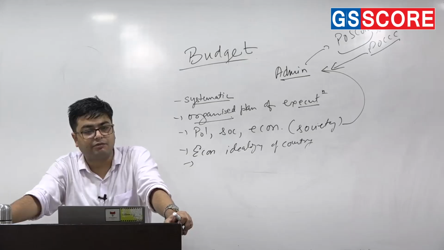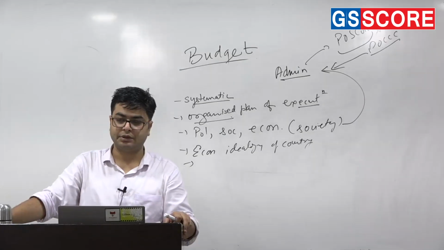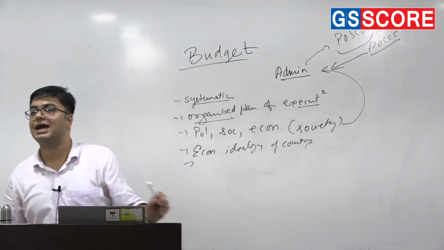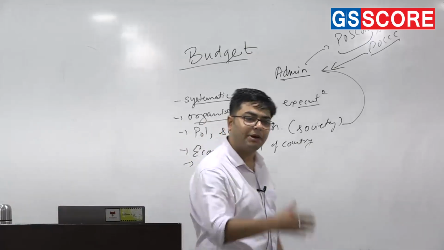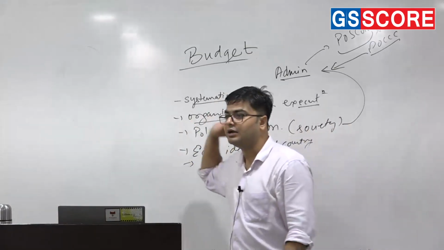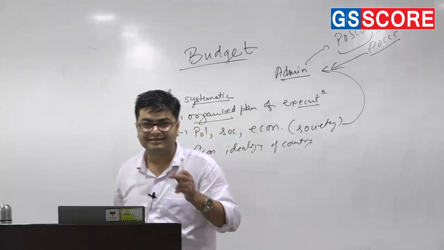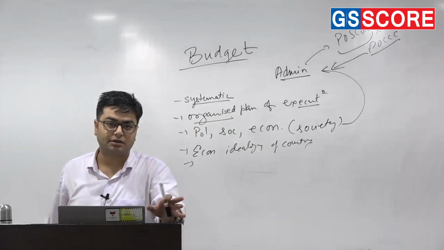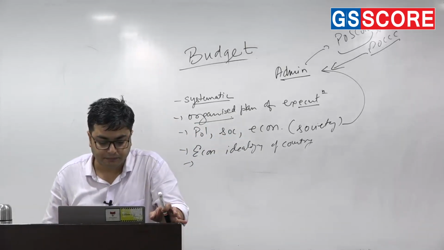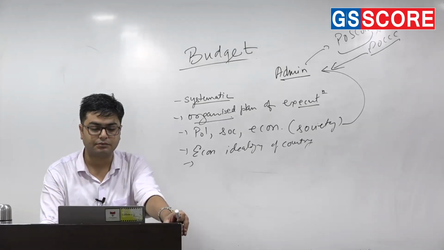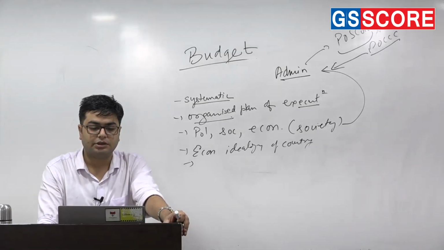So what had happened, what is happening, and what will happen. So it provides an empiricism to the plan of action. Therefore, it is administration. Right? So that is there.